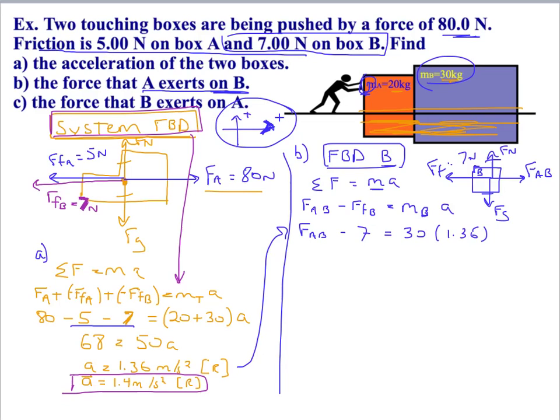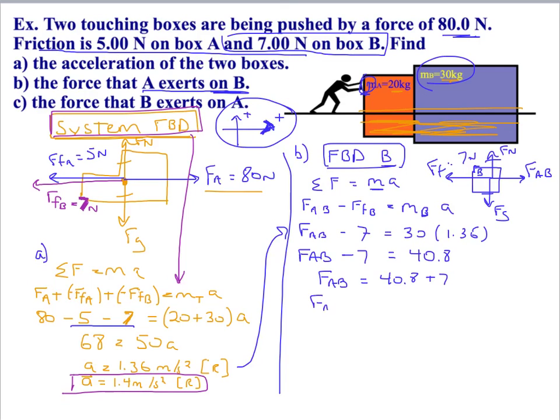Now I can go ahead and work some stuff out here. 30 times 1.36 is 40.8. FAB minus 7. We're going to take this minus 7 to the other side, so FAB is 40.8 plus 7.